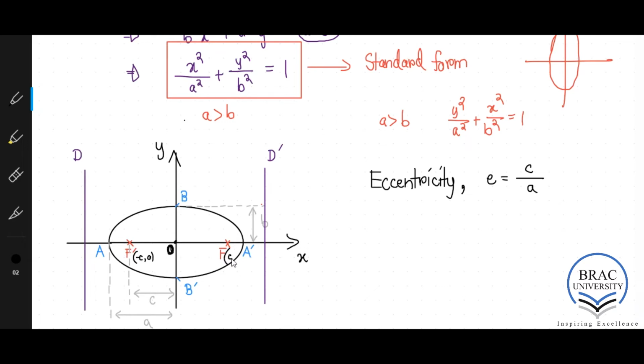And this one was C comma 0, right? So the ratio of the distance from this origin to the focus divided by the distance of O to one of the vertices. So you can see that this distance is definitely going to be less than 1, right? It always should have a value of less than 1 for an ellipse here. So an ellipse has an eccentricity of greater than 0 but less than 1.